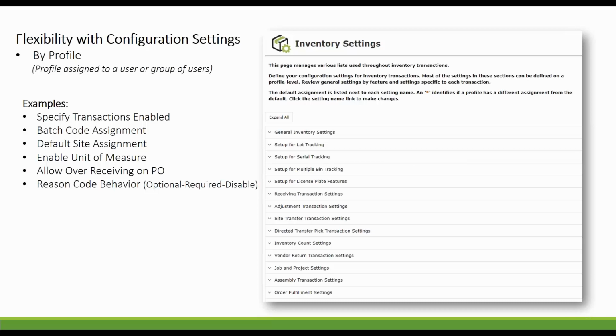Within these profiles, a couple of examples would be specifying which transactions are available for each user profile. You can also assign batch codes to particular transactions. There's also the ability to set default sites and default bins across transactions on a profile level. The goal of the Panatracker application and the profiles is to give full control to tune the Panatracker application to your specific business process needs.